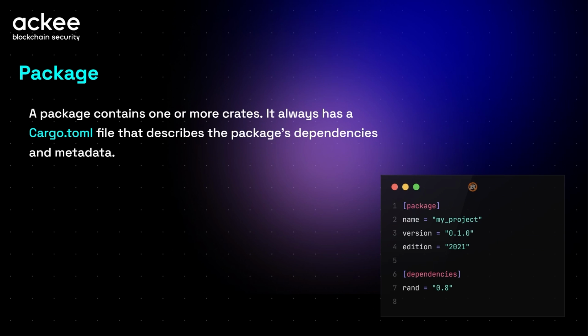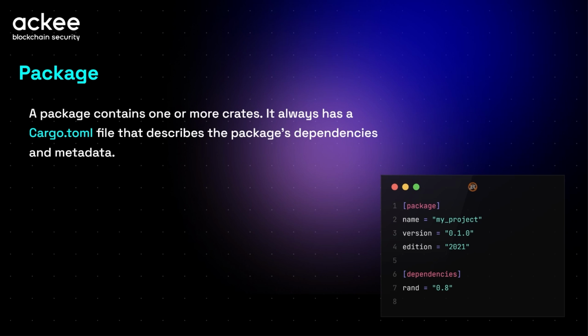Then we can have a package. A package contains one or more crates, and it always has a Cargo.toml file that describes the package, dependencies, and metadata. In the small picture on the right-hand side, you can see what the contents of a Cargo.toml file can be.